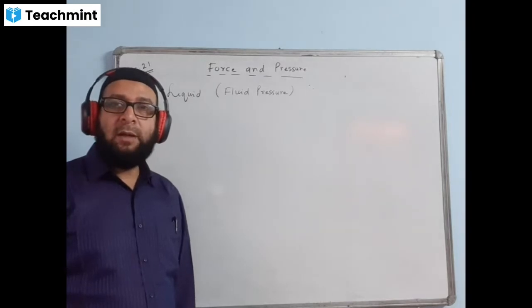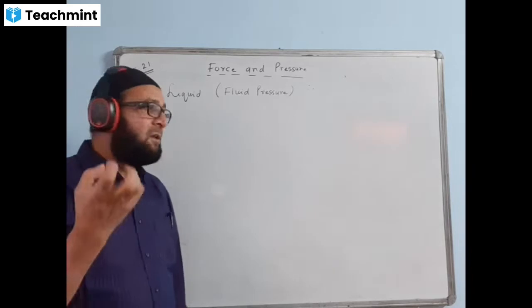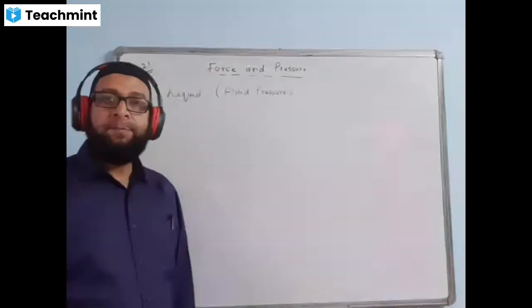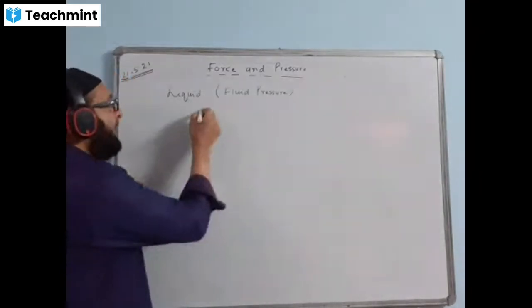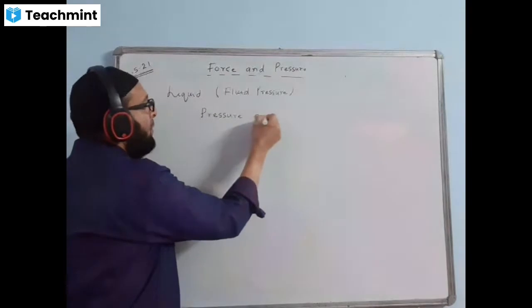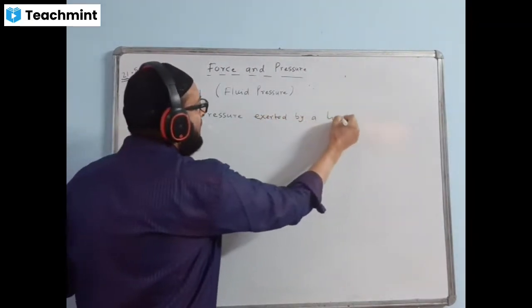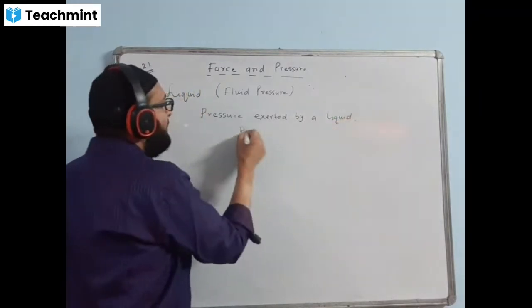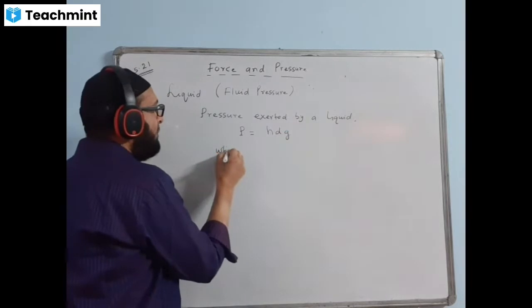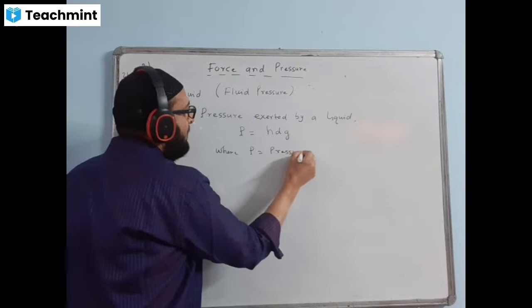Gas and liquid, they also have certain weights, and due to their weights they also exert pressure. Write down the formula for the pressure exerted by a liquid: P equals h d g. P means pressure. You have to record this.